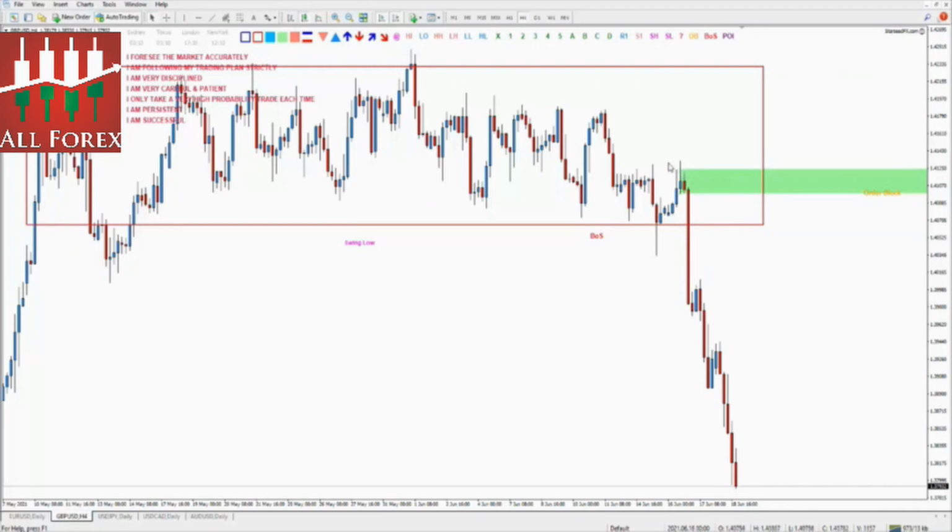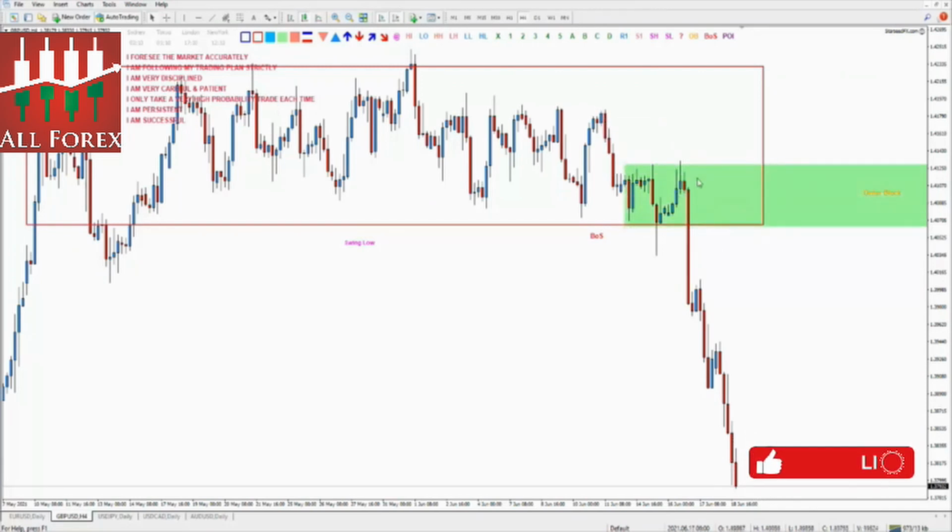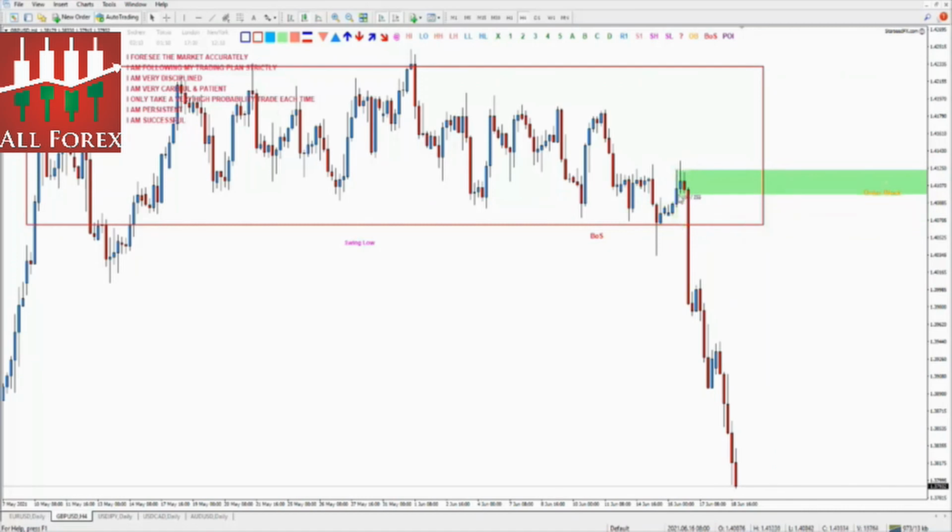You cannot suddenly jump, okay, this is my order block. No, because your order block from D1 is here, so you gotta find where is the valid order block. In this instance, this one, right? So that is your order block, so it's okay. We make it a little bit above because that is the valid one. This candle is still within the order block zone from higher time frame.